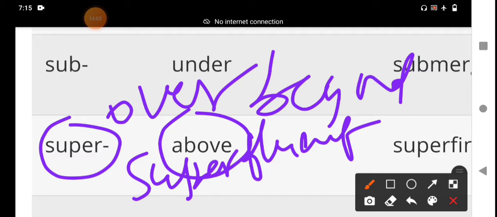For example, in the railway department, a superintendent. Superintendent means the one in charge of a department.